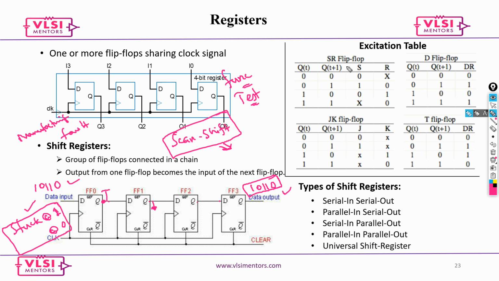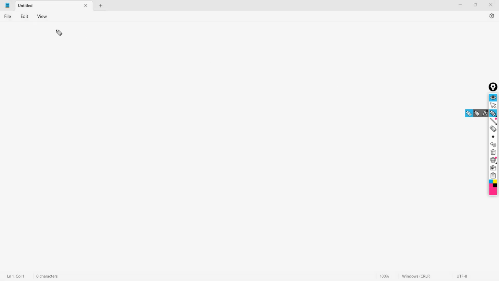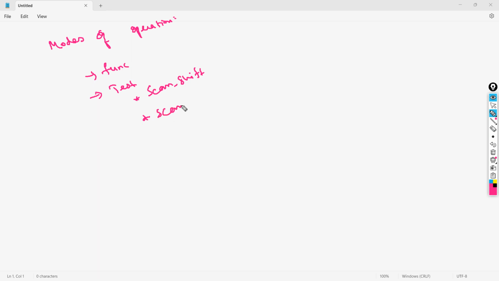Modes of operation. When you look at your IC, there could be multiple modes. One is func mode, and then we have test. Under test, you have scan shift, and then scan capture, and then scan at speed.